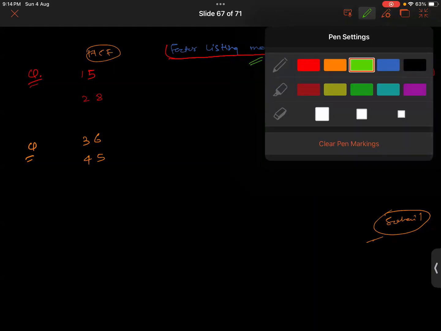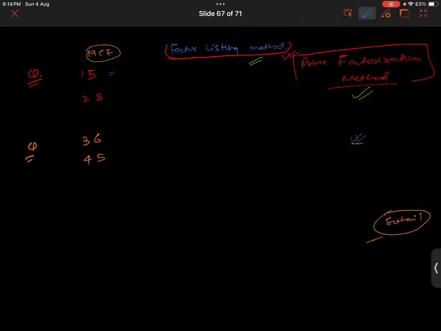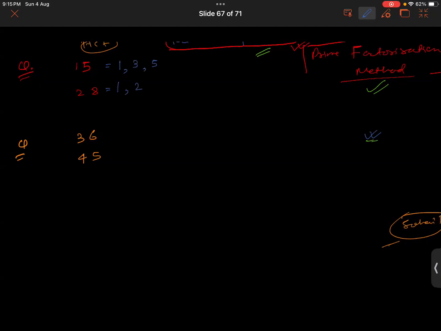Okay, Sumaya, you need help in the first question. I didn't understand it. Okay, see, by the factor listing method, you will write down all the factors of the number. One is a factor, 3 is a factor, 5 is a factor of the number 15. After 5, the number itself is the factor.